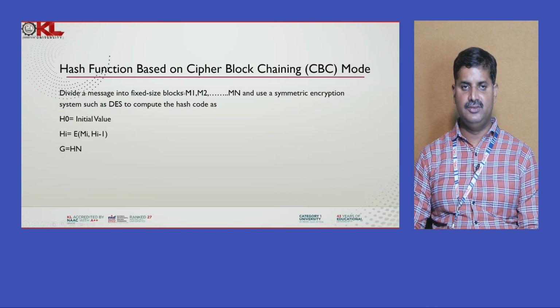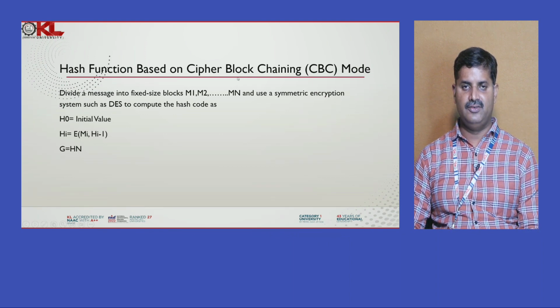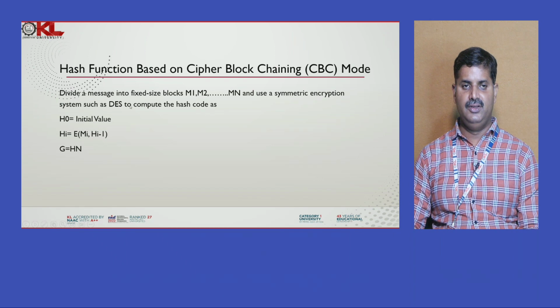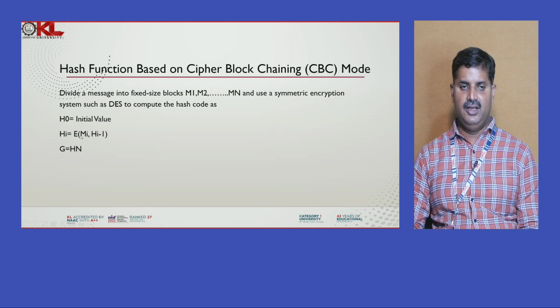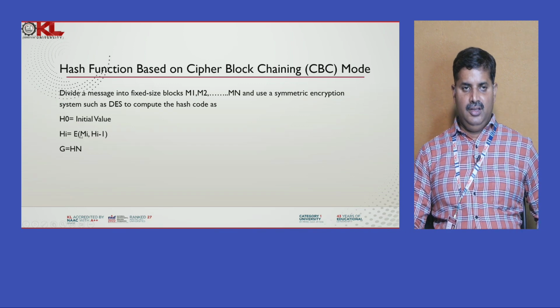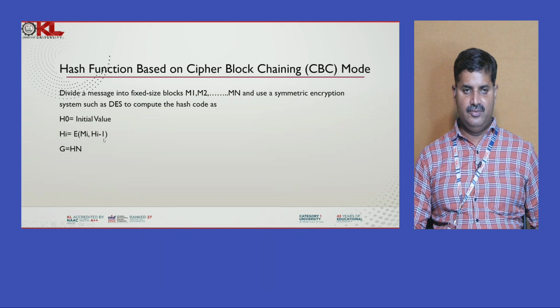This hash function is also based on the CBC mode. CBC means cipher block chaining, where we divide the entire message into fixed size blocks M1, M2 and so on up to Mn. The message is encrypted using the DES algorithm to compute the hash code. H0 is the initial value, and Hi is the encryption of Mi with Hi-1.